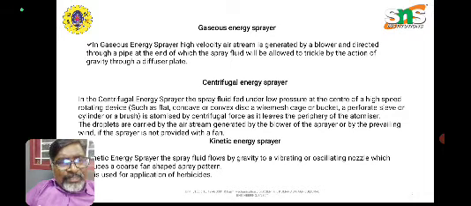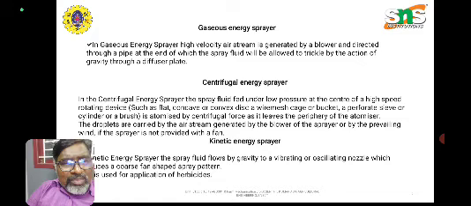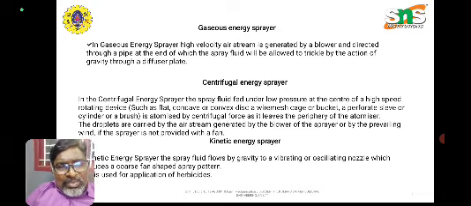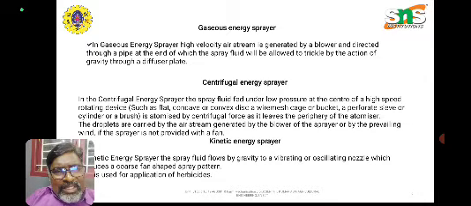In the case of the gaseous energy sprayer, a high velocity air stream is generated by a blower. This high velocity air stream is directed through a pipe, at the end of which spray fluid is allowed to trickle by the action of gravity through a diffuse plate.